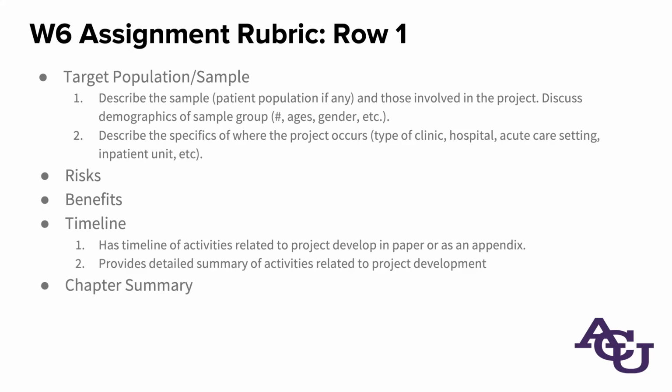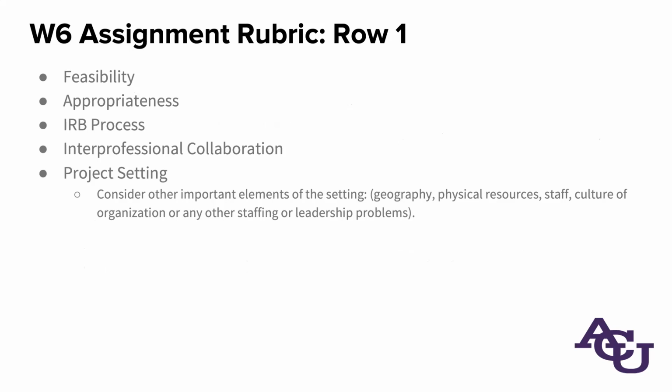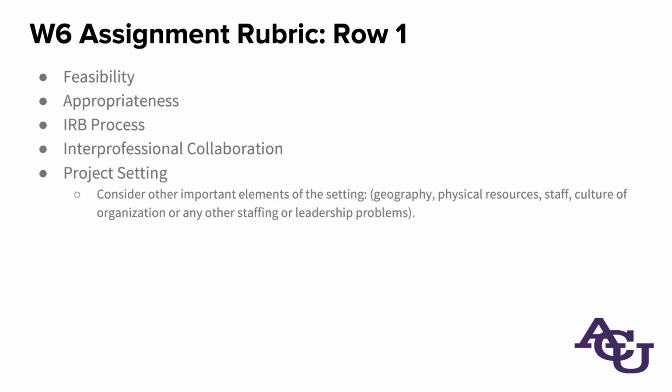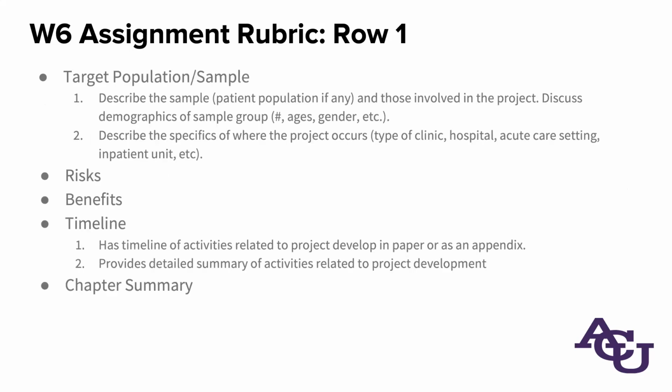So let's just do a quick snapshot here and look at the high level bullets and see how many we have here. So we have 4, 5, 10, 15. So all told, there are 15 bullets, and this paper is going to be maximum 5 to 7 pages.